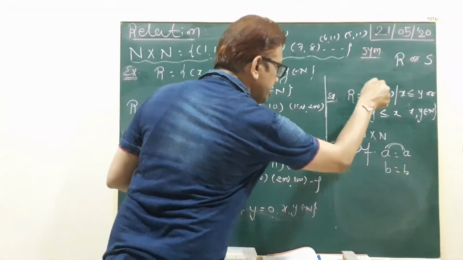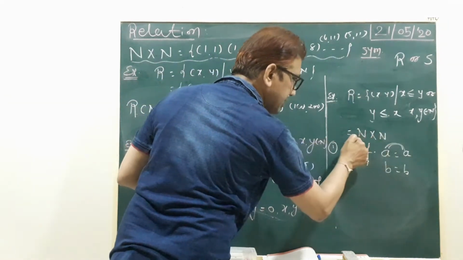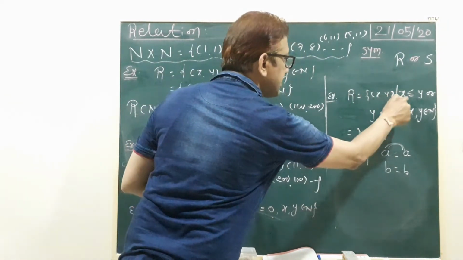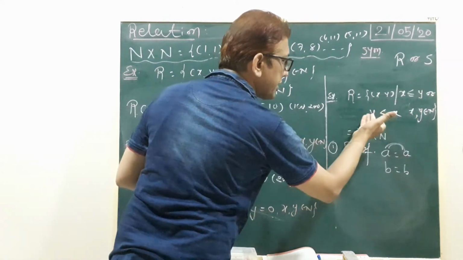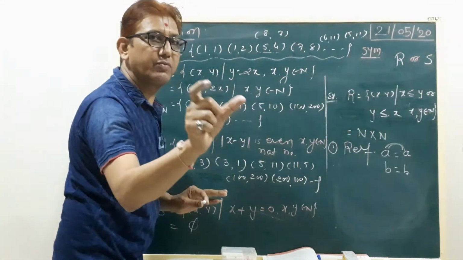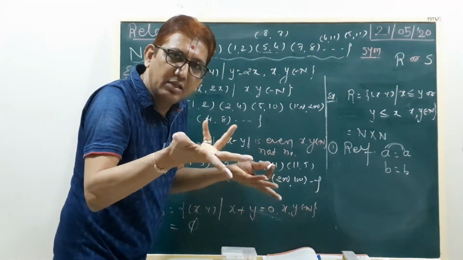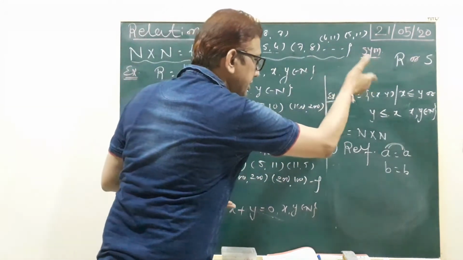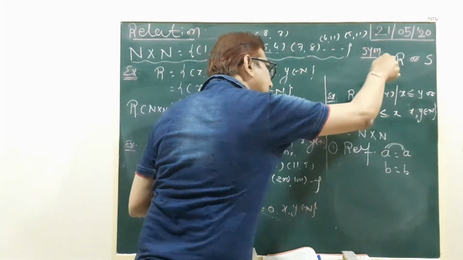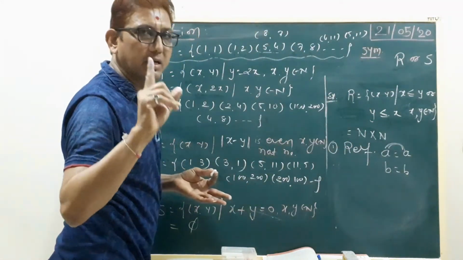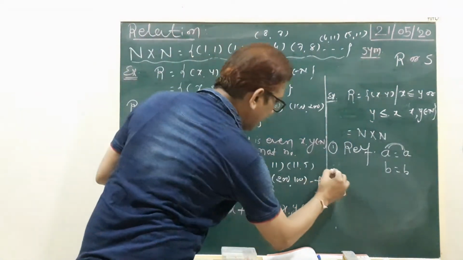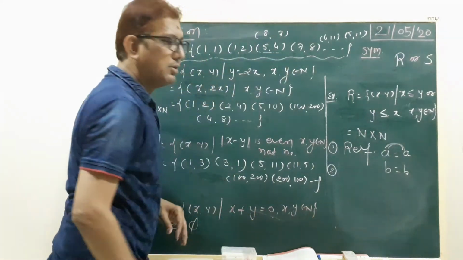In this question, it is called the universal relation. Here x equal to y, or you can also write y equal to x, that means 1 1, 2 2, 3 3 are also possible. So in this question, the reflexivity property is satisfied. Clear?